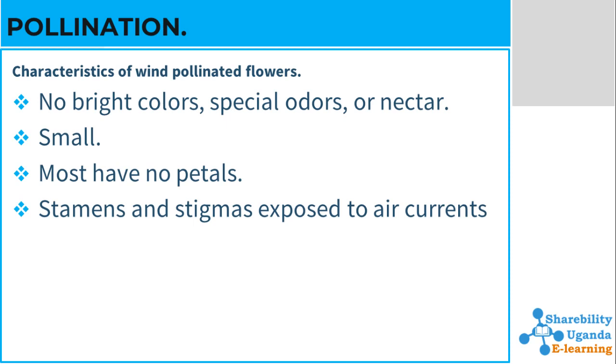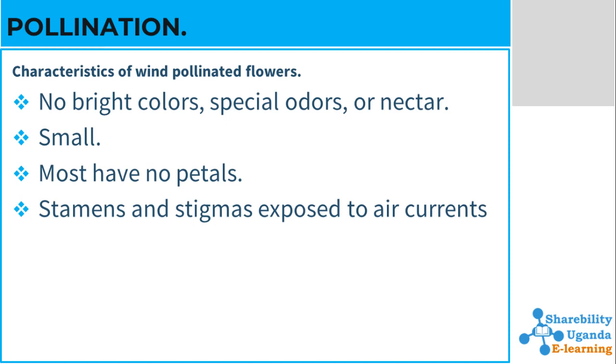Then characteristics of wind pollinated flowers. Wind pollinated flowers basically have no special odors, have no bright colors, and have no nectar. They are in most cases small, they have no petals, and their stamens and stigmas are exposed to air currents.